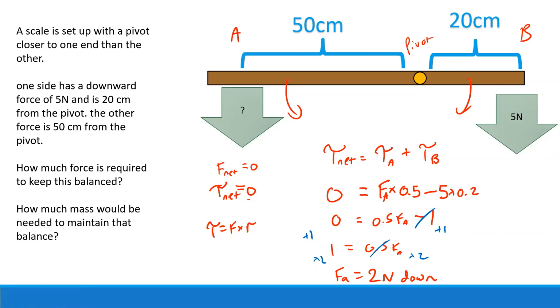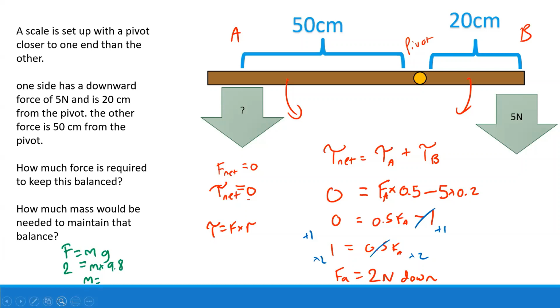Now, if I just want to quickly add to that question, how much mass would be required to maintain that balance? Well, we could actually just quickly work that out. Just by doing this, F equals mg, or mass times gravity, so 2 equals m times 9.8, so therefore m should be about 200 grams.